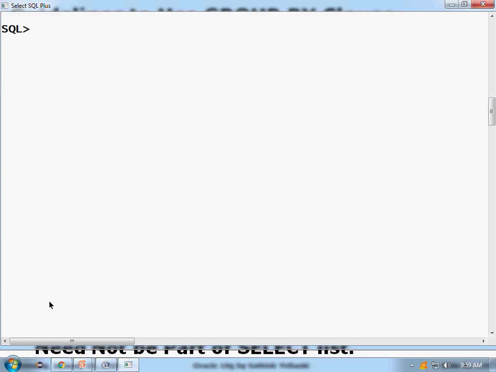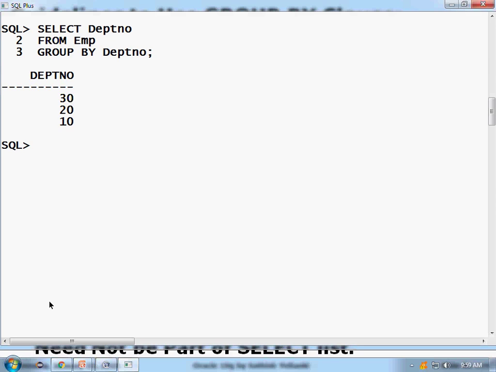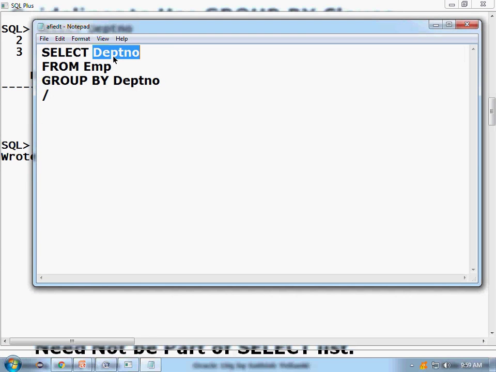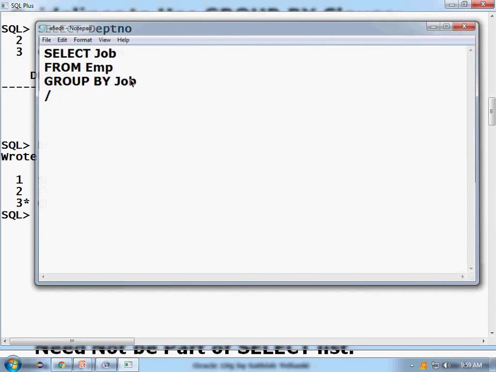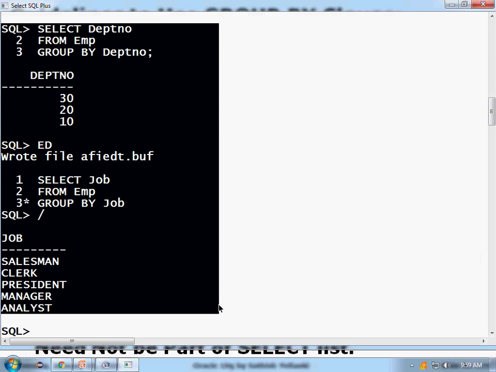The student also feels very happy when we give those 2 examples. The first example is, select department number from EMP, group by department number. And the second example will be job, and then we'll give group by job. The student is also very happy because we can just tell him group by is so simple, you keep it.